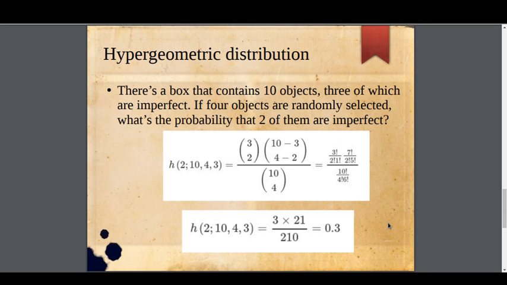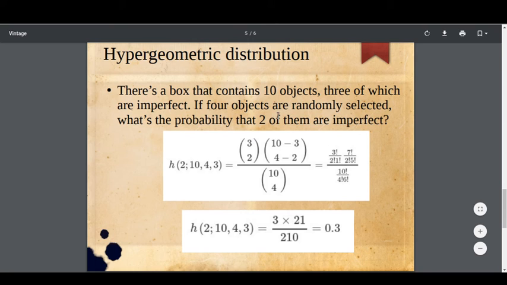So now we have a box that contains 10 objects, 3 of which are imperfect. If 4 objects are randomly selected, what's the probability that 2 of them are imperfect? If we analyze this example, we notice that we have 10 objects.